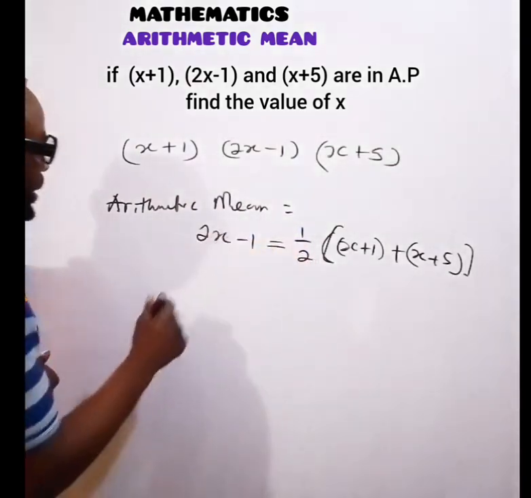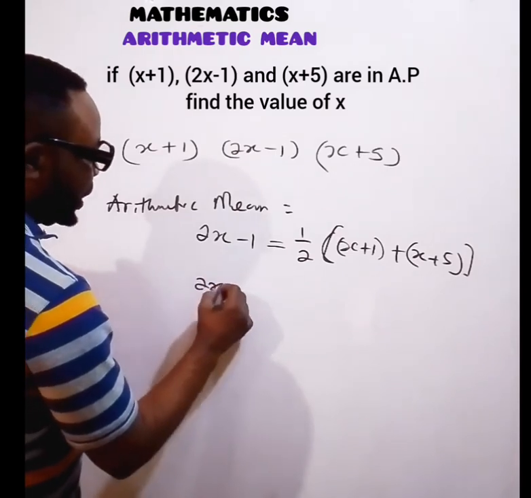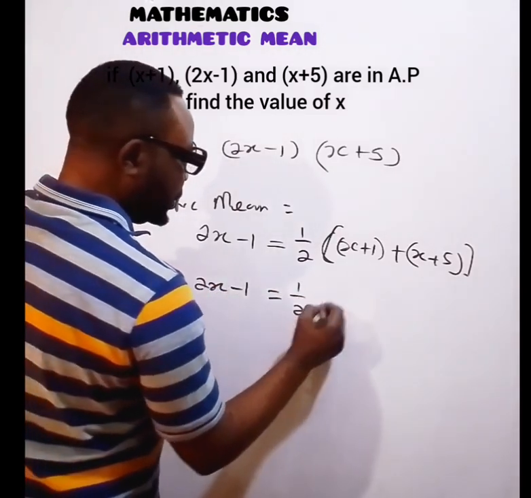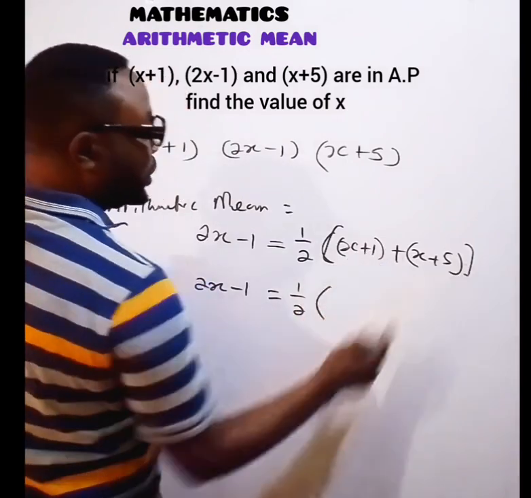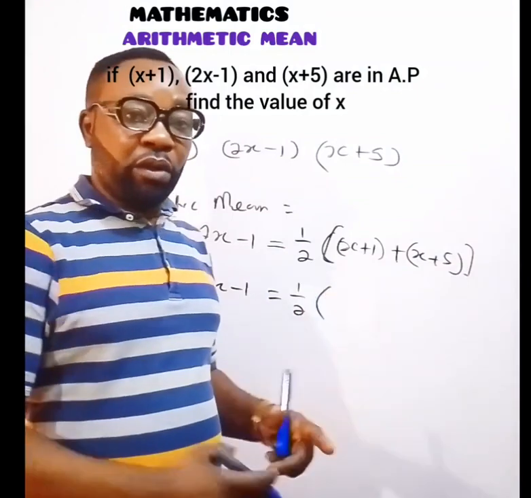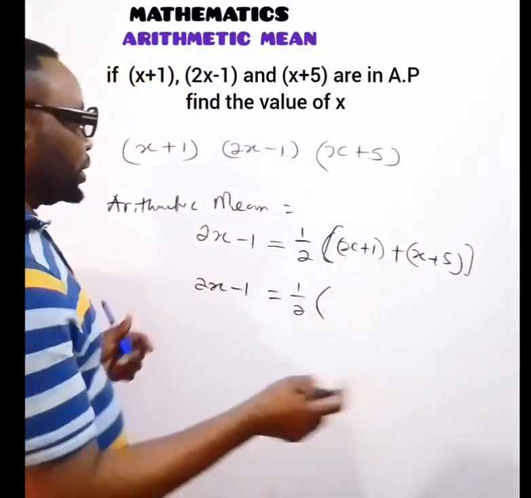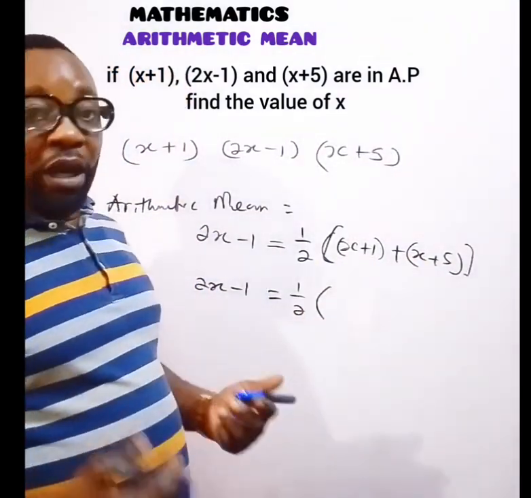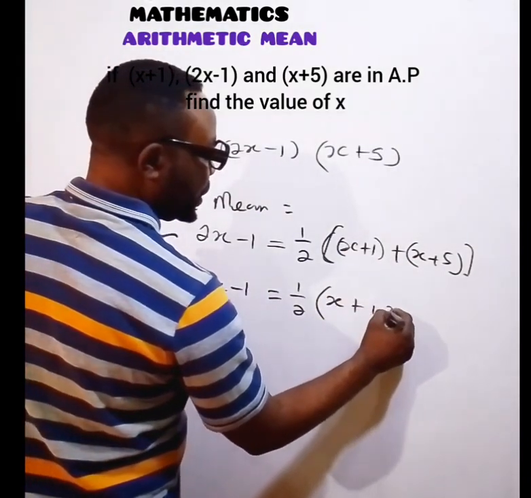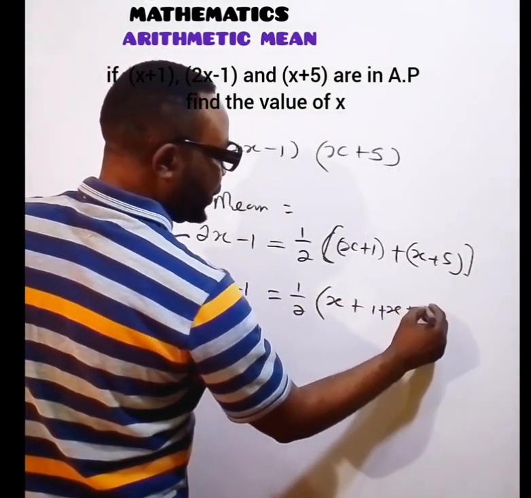Now, in this case, you can also say that 2x minus 1 is equal to 1 over 2 into bracket, let's open up this bracket. You know that the value we have here is positive, so we can open up the bracket and do the addition where necessary: x plus 1 plus x plus 5.